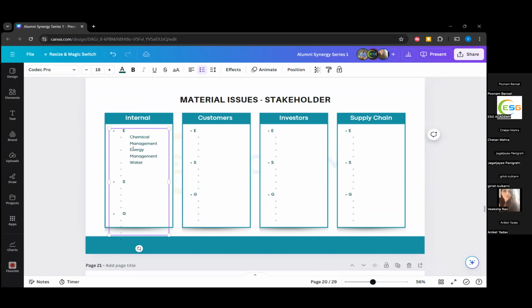Probably, water and waste. Be a safe working environment for us. This should include hazardous also. It's a safe working environment. I think it will come under chemical management, right? Hazardous, probably there you can mention hazardous in brackets.